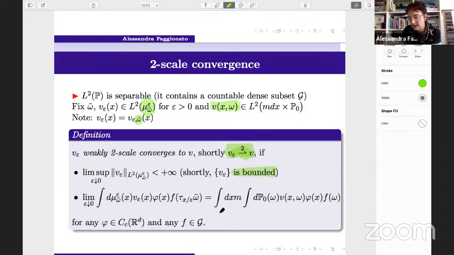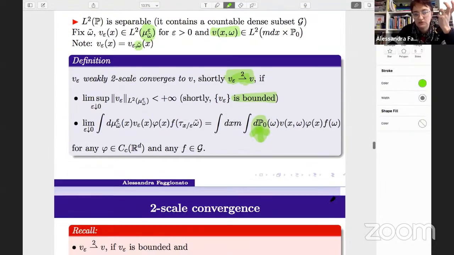So at the end you take the integral with respect to the Lebesgue measure times n, and then the integral with respect to the Palm distribution, and here you have V of x, omega and then phi of x f of omega. Okay, so this is not free, a special property that I isolate.